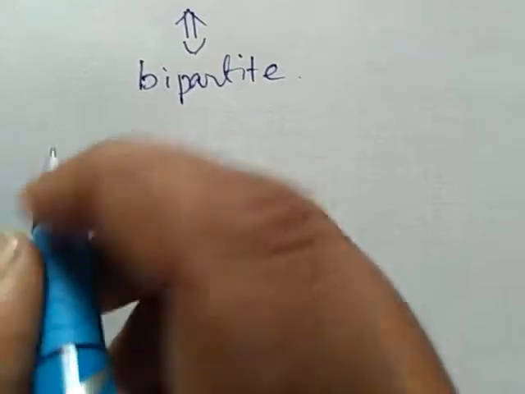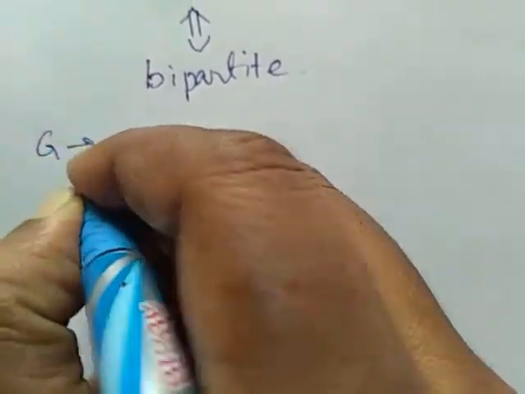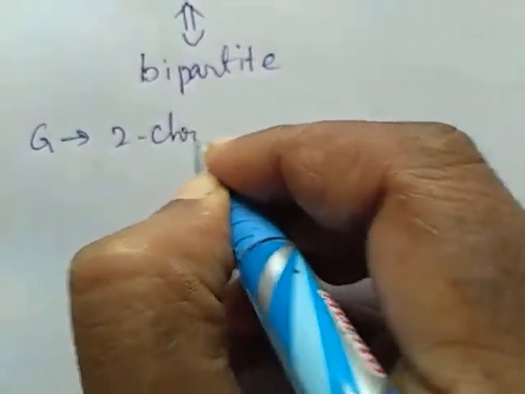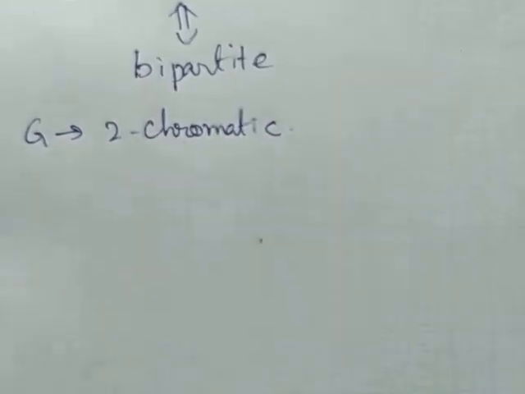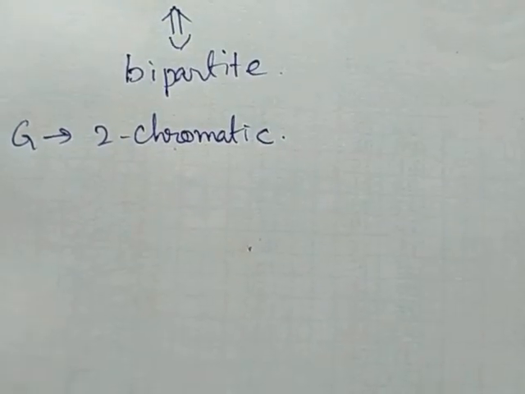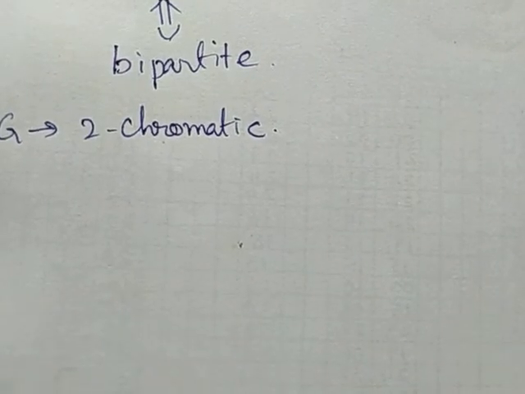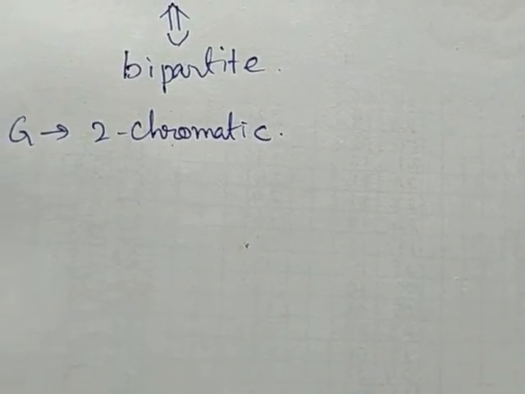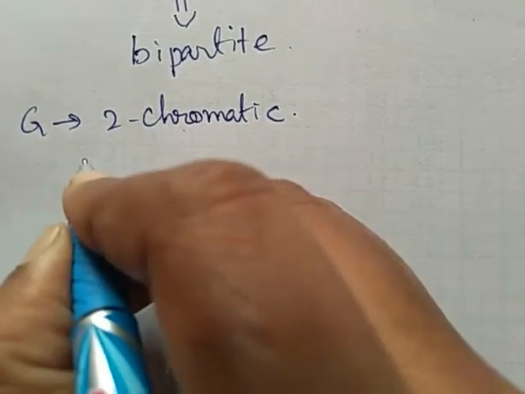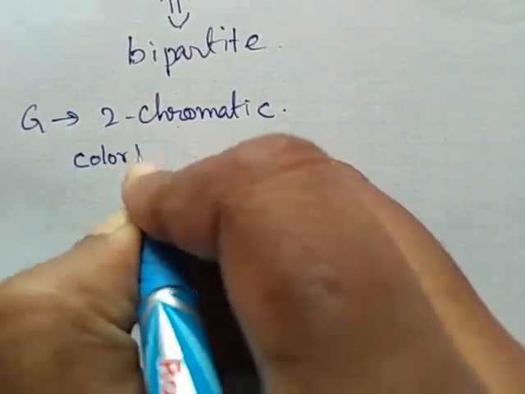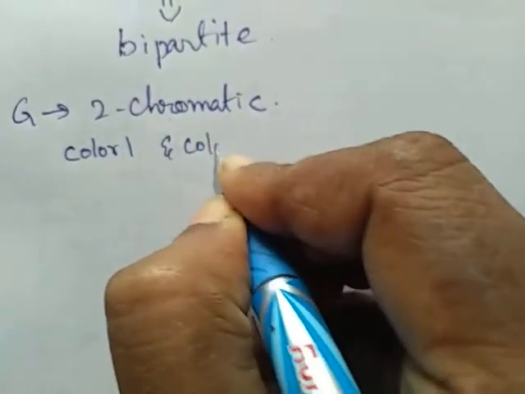Now we are going to consider graph G as two chromatic. We have to prove it is a bipartite graph. So if it is two chromatic, G is colored properly with two colors, that is color 1 and color 2.